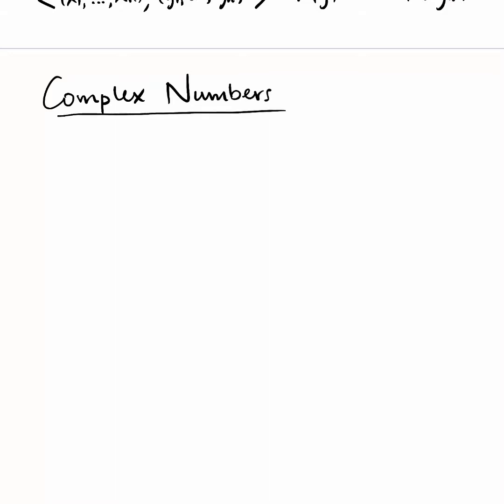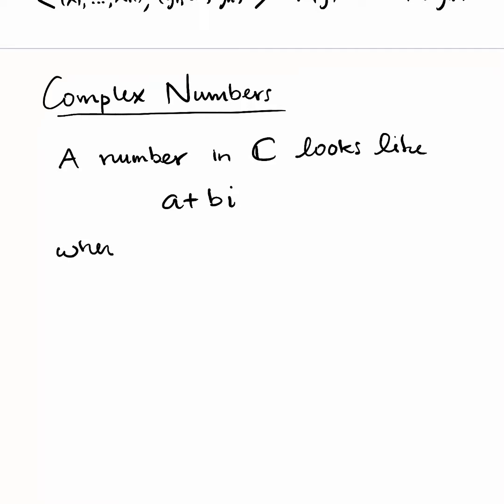Okay, complex numbers. A number in the complex field looks like a plus b times i, where a and b are both real numbers, and i stands for the number whose square comes out to -1.